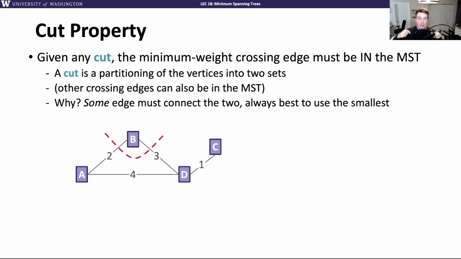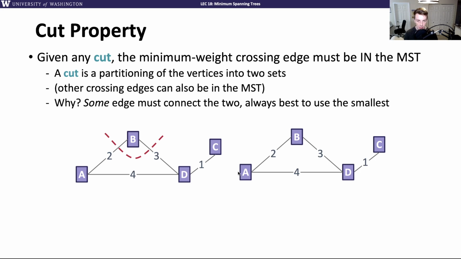And so if we have our choice of edges to cross between these cuts, shouldn't we always choose the minimum to make a minimum spanning tree? And that's what the cut property argues, is that if you consider any cut of the graph, then the edges that cross it, the ones with minimum weight must be chosen for the MST. This should be true for any cut of the graph.